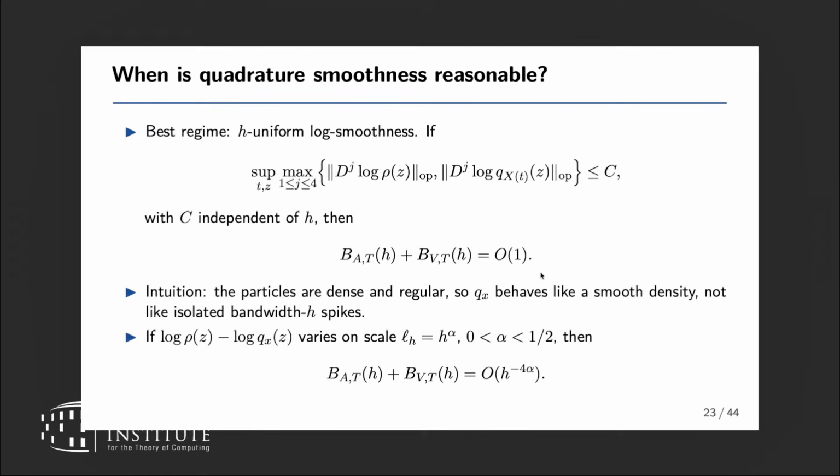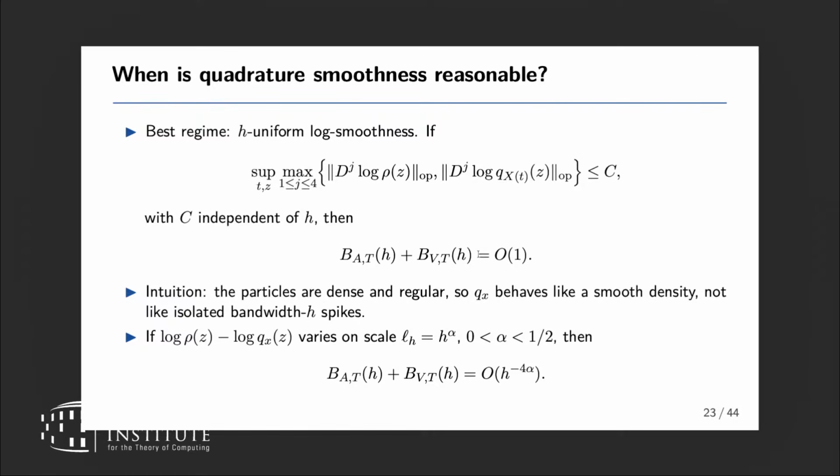Essentially the best case regime for this assumption is when all the derivatives of the score of the rho and the score of the KDE along the trajectory are all bounded by a uniform constant c, right? If this happens, then the sum of these two constants is basically order 1. One can prove that this will be the case.